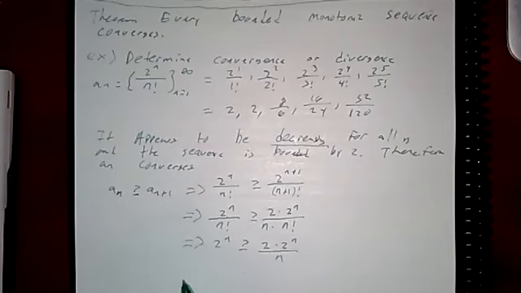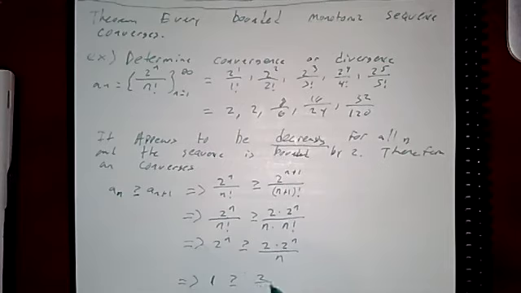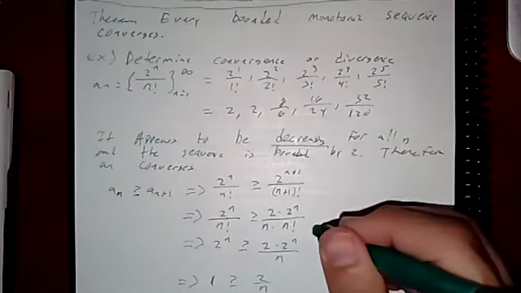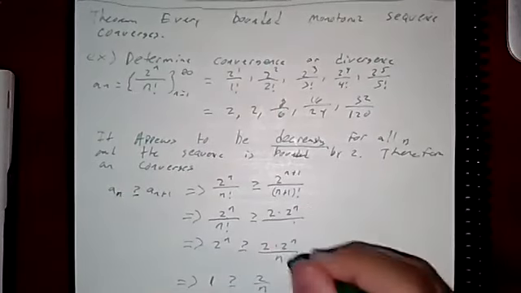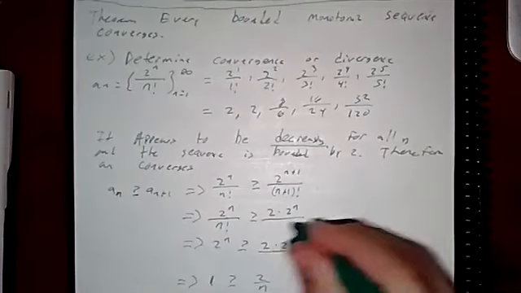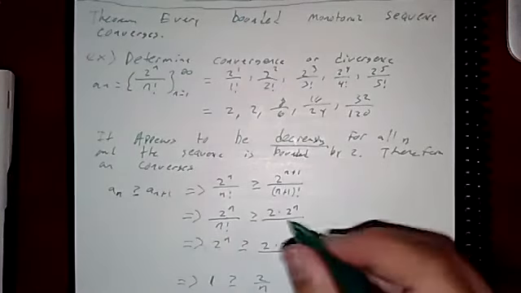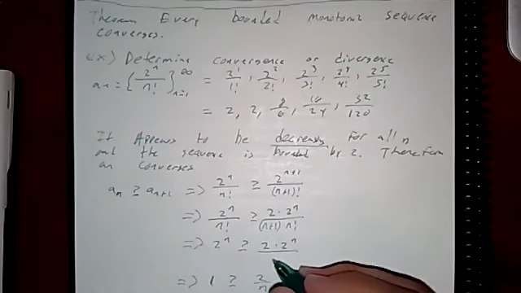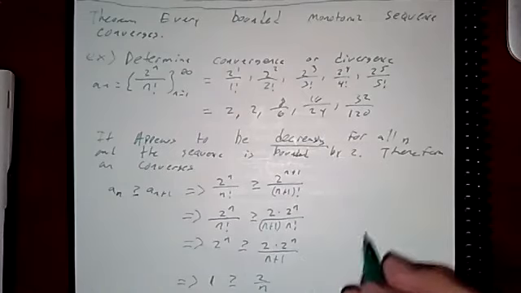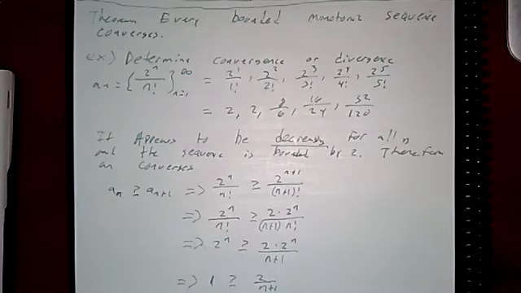So on the next step, I can say, well, is 1 greater than or equal to 2 over n? Oops, made a mistake here. Sorry. One second, let me fix this. Denominator. It should be n plus 1 times n factorial. So we would have n plus 1 here when I cancel it. N plus 1.